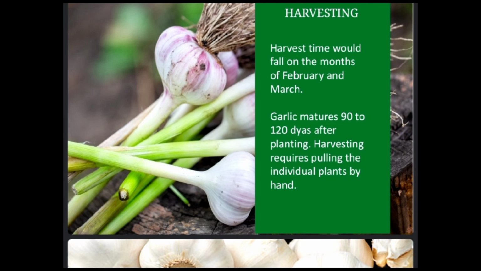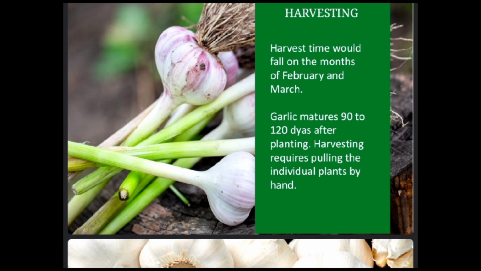How do they harvest? Garlic matures 90 to 120 days after planting. Generally, early planting has longer period of maturity than the late planting. Indices are the softening of the main stem above the bulb and the yellowing of 75% of the leaves.